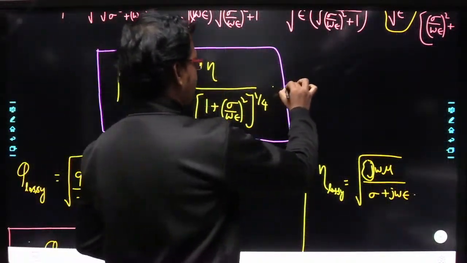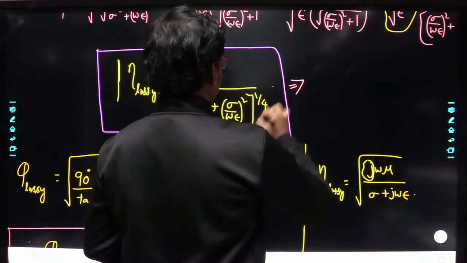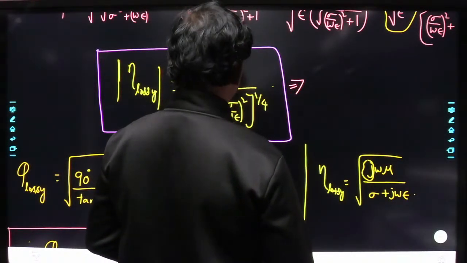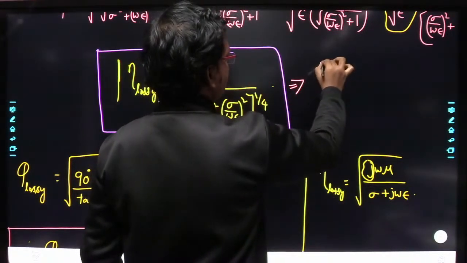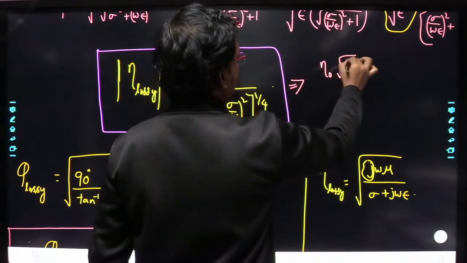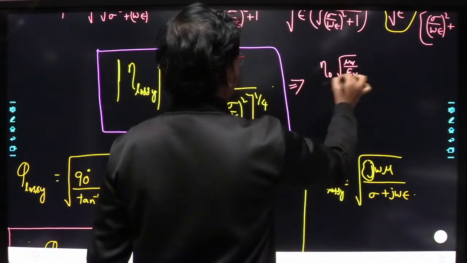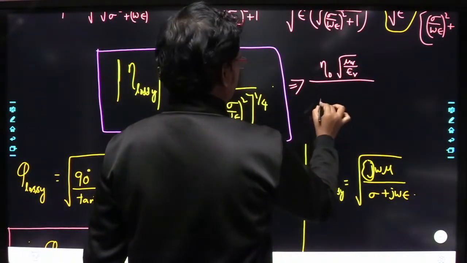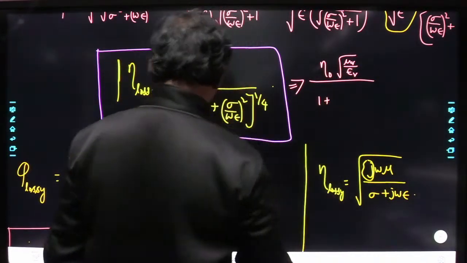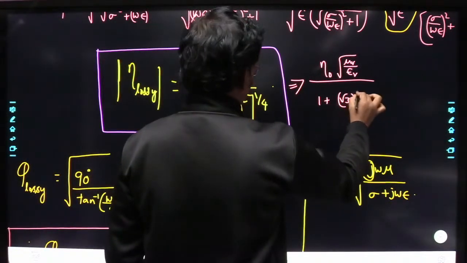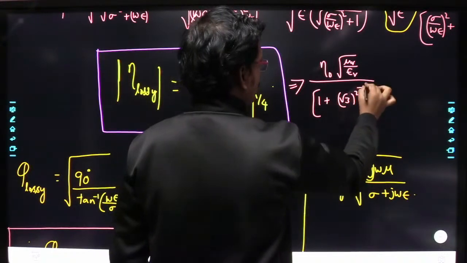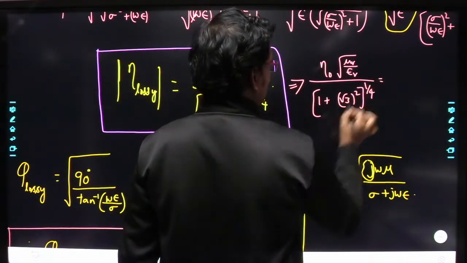So magnitude of eta lossy is equal to eta naught into square root of mu r divided by epsilon r, divided by 1 plus sigma by omega epsilon ratio, what we got? Root 3. Yes or no? So root 3 whole square, whole to the power of 1 by 4.